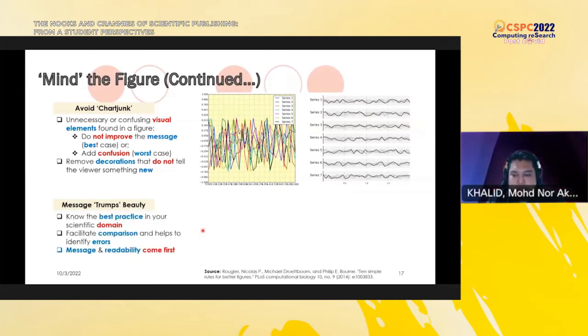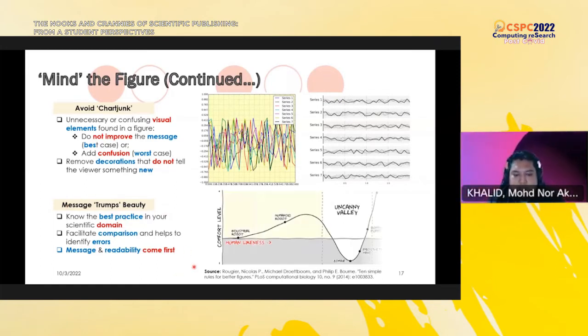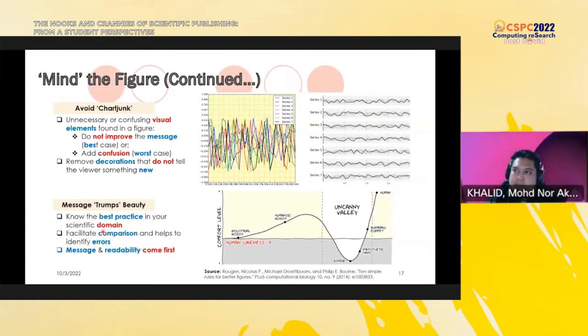And finally, when using a figure, you need to focus on message, not beauty. The best practice is to know the best practice in your scientific domain. For example, in a certain domain or field, you already have a well-known method of representing your data.